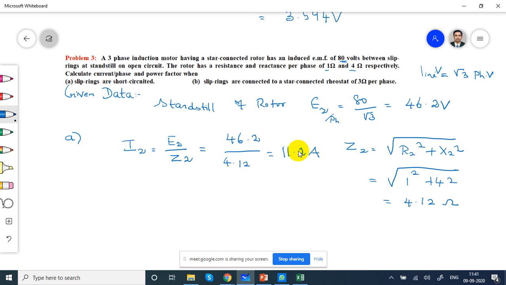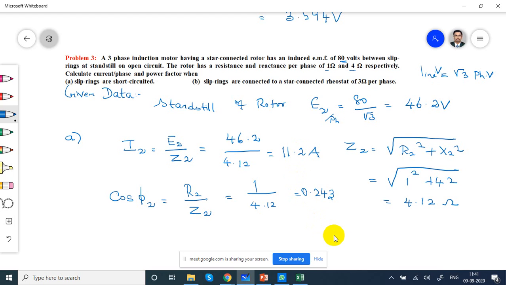Okay, next power factor. Power factor is cos phi 2. Cos phi 2 formula R2 by Z2. So R2 value 1, resistance 1, Z2 4.12. We'll get 0.243.